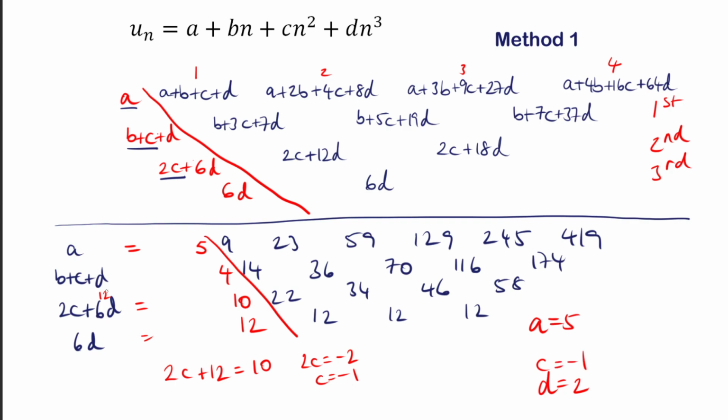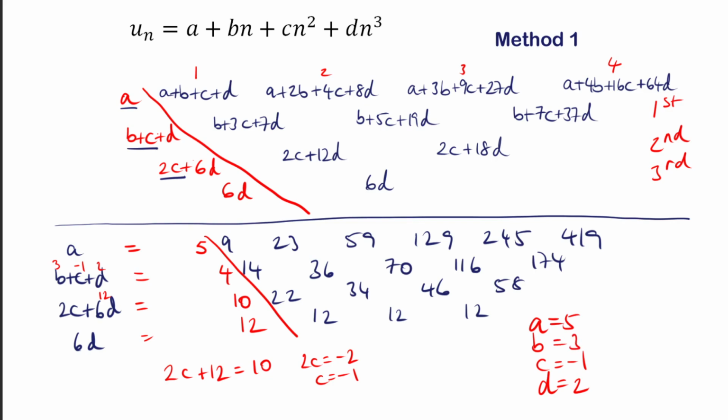Okay. Now we work up to the next level. So we know that D was 2, and C was minus 1, and these have to add together with B to make 4. So minus 1 plus 2, that's 1. So obviously B has to be 3 to make this correct.